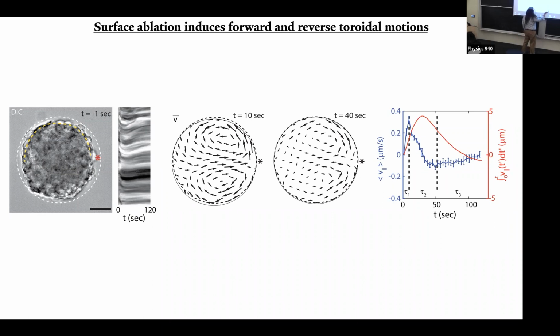It retracts really quickly. It then goes back the other way and then has kind of a slower return. But even that is all done by 100 seconds. If you were to add up these displacements, it actually does go back to basically where it started. So the behavior is completely reversible, and it reverses in just about 2 minutes.